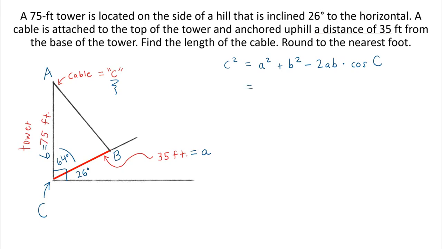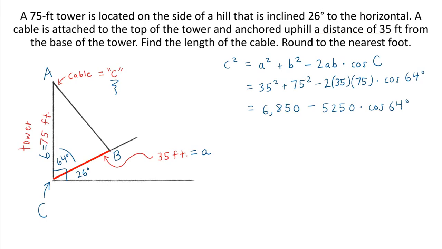And that would give us A squared, which would be 35 squared, plus b squared, which is 75 squared, minus 2 times 35 times 75 times the cosine of angle C, which is 64 degrees.